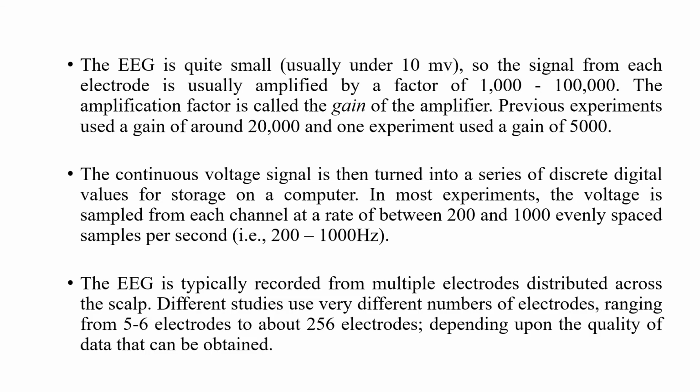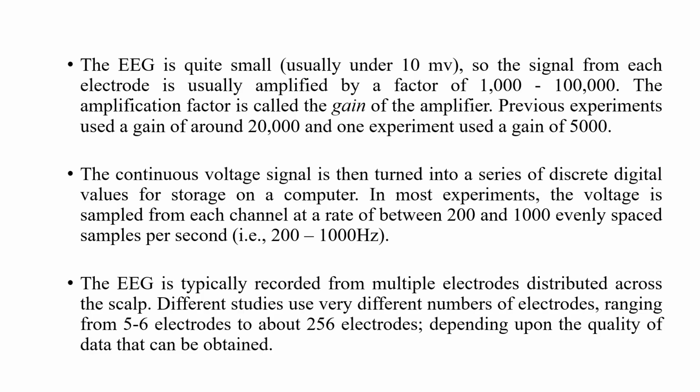Now, typically this EEG signal is relatively small, under 10 microvolts. So, the signal from each electrode is usually amplified by a factor of 1000 to 10,000 times. The amplification factor is called the gain of the amplifier.